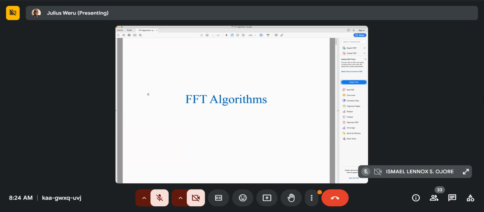So we are going to look at FFT algorithms. As I said before, FFT just means fast Fourier transform, and what it actually means is just a method or an algorithm of doing the DFT. We already know how important the DFT is, so that's why FFT is very important, because the DFT in the conventional way, especially with long sequences, can take a very long time.